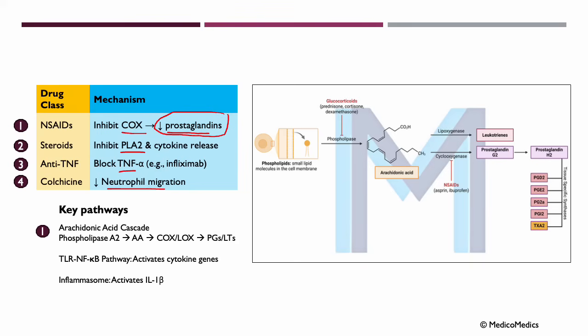This arachidonic acid is then converted by these cyclooxygenase enzymes, or COX enzymes, leading to the activation of prostaglandin G2, seen here, or prostaglandin in general, which then elevates the inflammatory symptoms like vasodilation, pain, fever, etc. Furthermore, it is also converted by lipoxygenase enzymes to leukotrienes.